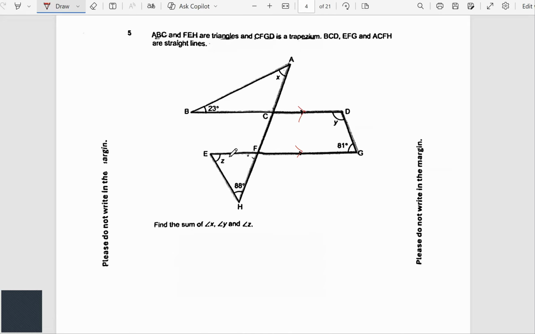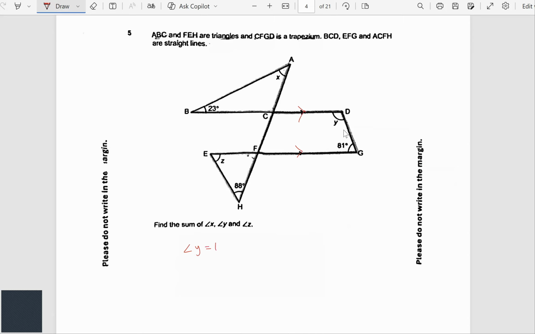So you don't necessarily have to find them separately. Okay, but which one can we find first though? So the easiest to find is angle Y. Okay, angle Y, because you can use interior angles. The sum of the angles between the two parallel lines adds up to 180.